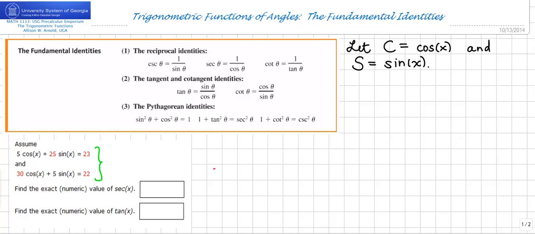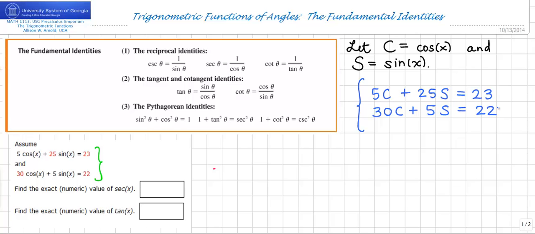Then take another look at how these equations present. You'd have 5c plus 25s equals 23. And you'd also have 30c plus 5s equals 22.